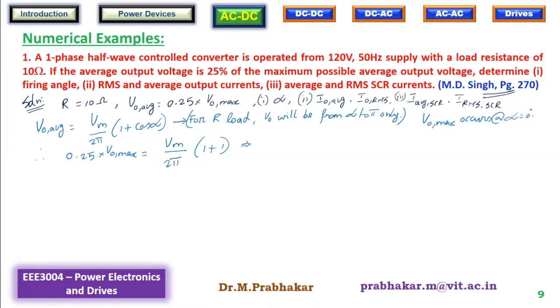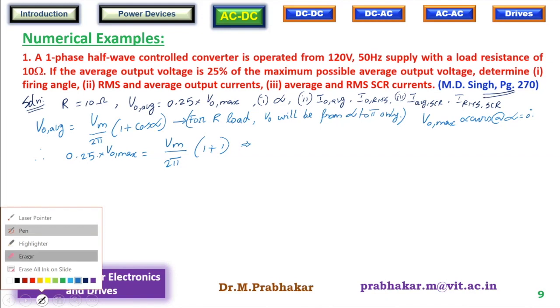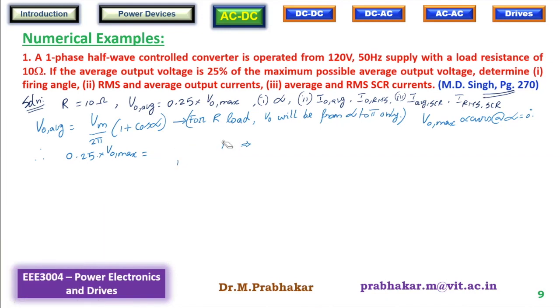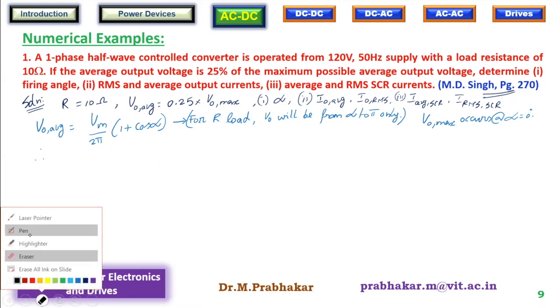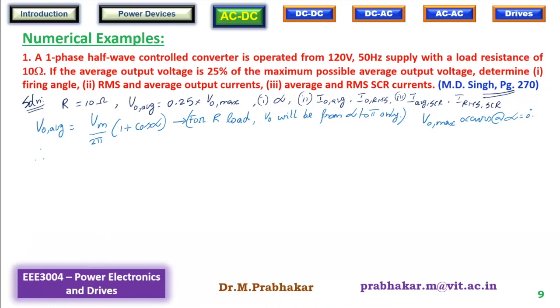One moment. I think I have skipped 2 steps. Thinking too far ahead is not a good thing to do. Now it occurs at alpha equal to 0 degrees. So the maximum value of V naught average that is possible is Vm by pi. Therefore, V naught max equal to Vm by 2 pi into 1 plus 1.